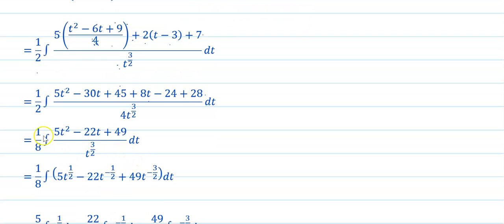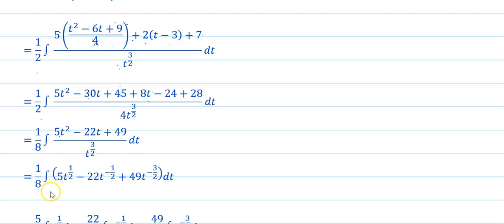Next simplification, again 4 into 2, it's 1 upon 8 integral 5t square minus 30t plus 8t, you will get minus 22t. 45 minus 24 plus 28, and their total is 49.